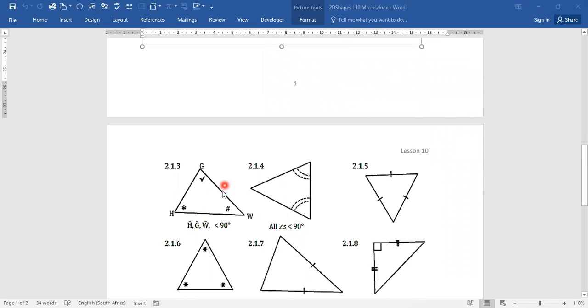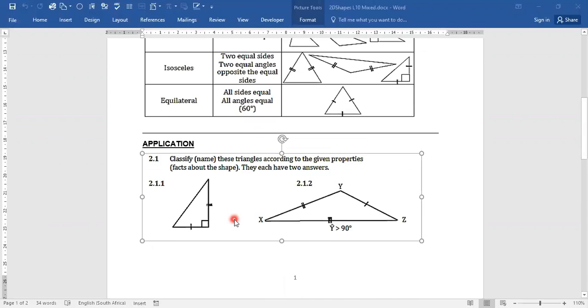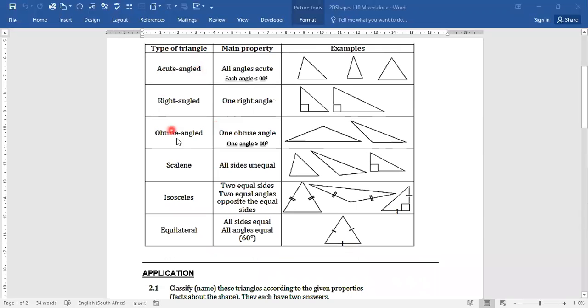Now look at 2.1.3. In terms of the size of the angles, there's no 90-degree angle, and it says here H, G, and W are all less than 90. It means all the angles are less than 90 degrees, so it falls under acute angle triangle.